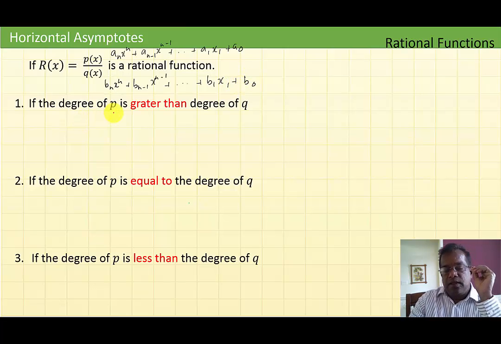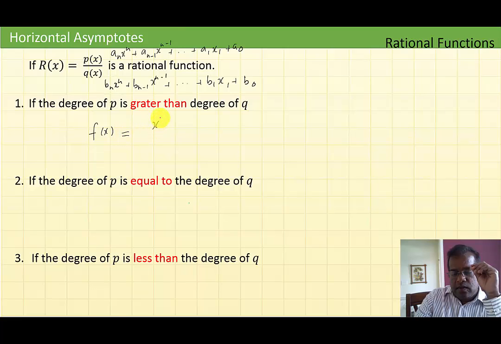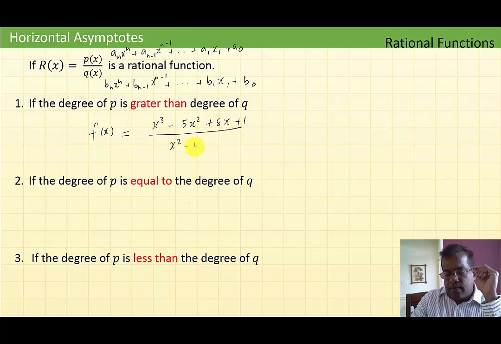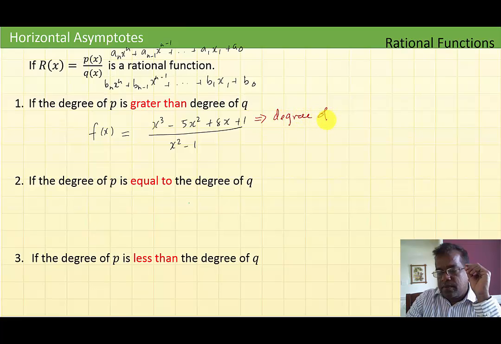Now if the degree of p is greater than the degree of q, for example, your rational function is x cubed minus 5x squared plus 8x plus 1 over x squared minus 1. The degree of p here is 3, the power of the leading term, and the degree of q in this one is 2.